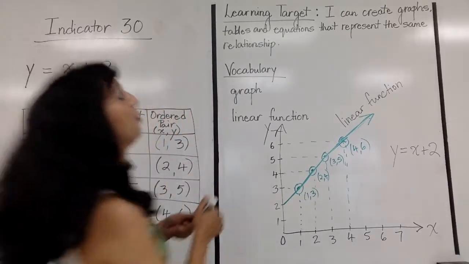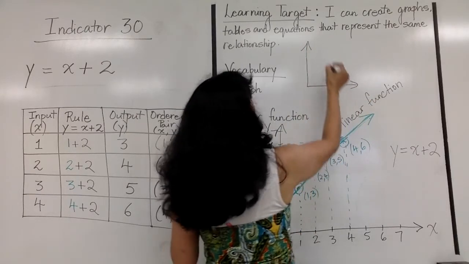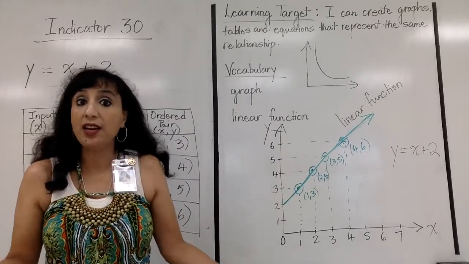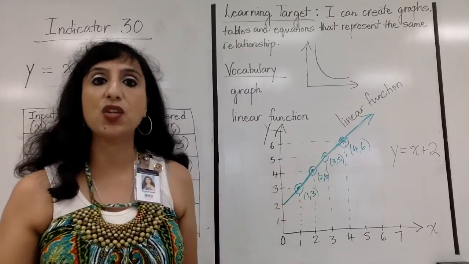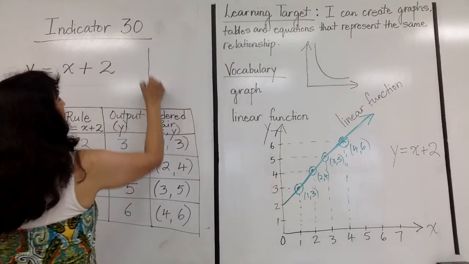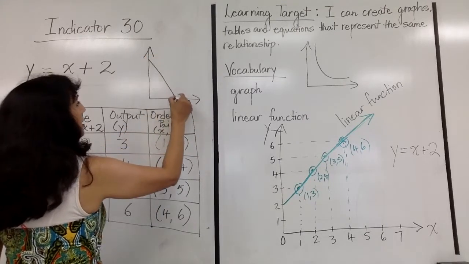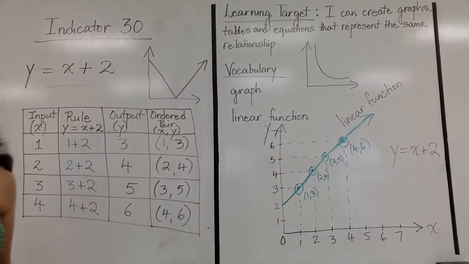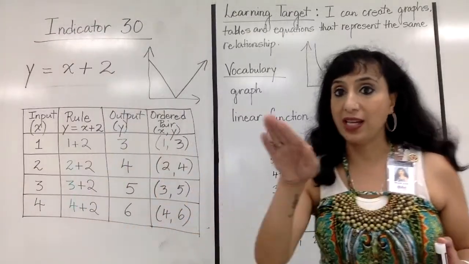If I had a graph which came out, let's say this is my graph, and my graph came like this. Is that straight? No, that is a curved line. It is not a straight line, so it is not a linear function, okay? If I had a graph which was like this, if it went like this, and like this, and then I have this. Okay, now once again, it is not going in a straight line.